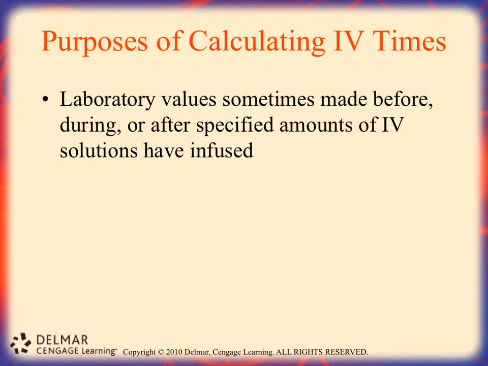The trough is usually drawn right before you give an infusion of, say, let's take for example gentamicin. The peak must be drawn 30 minutes after a 30-minute infusion has completed. So you have to know when that drug is going to be completed in order to order that lab and have it drawn at the correct time.